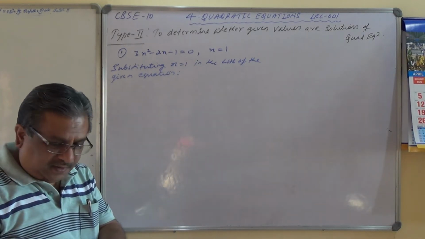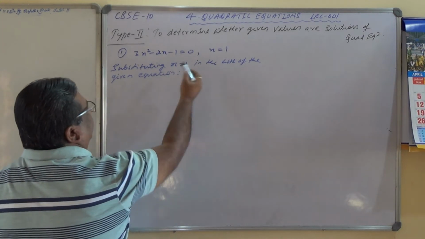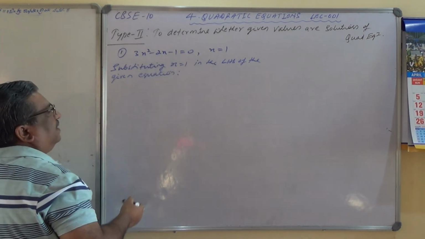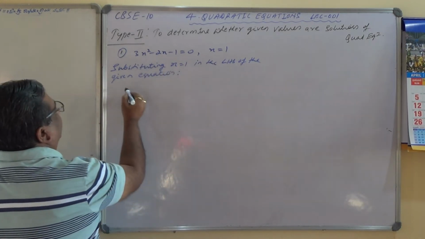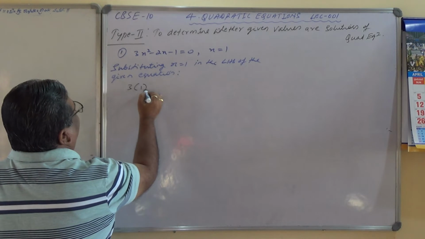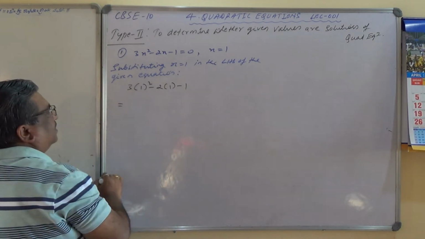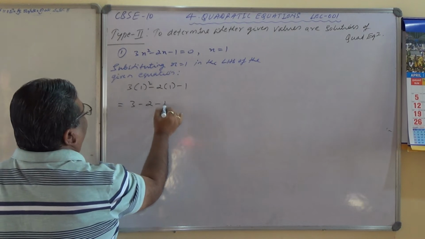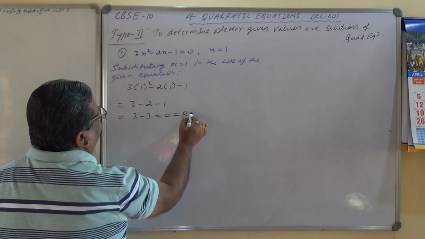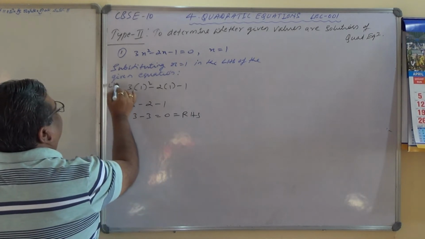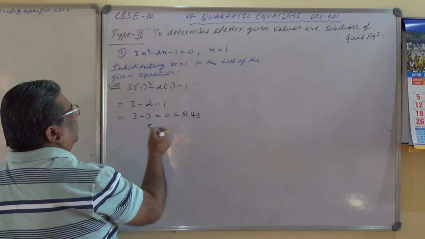We have to substitute the value of x given in the left hand side and check whether it will reduce to 0 or not. So substitute here 3 times 1 the whole square minus 2 times 1 minus 1 equals 3 minus 2 minus 1, 3 minus 3 which is 0, which equals RHS. So basically LHS is what we are taking, substitute the value in that and check.